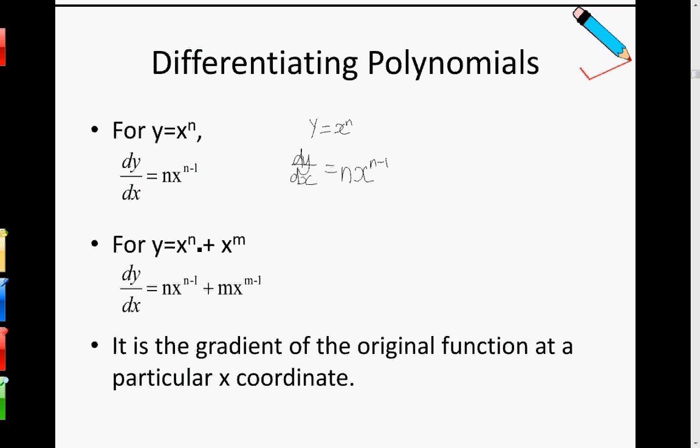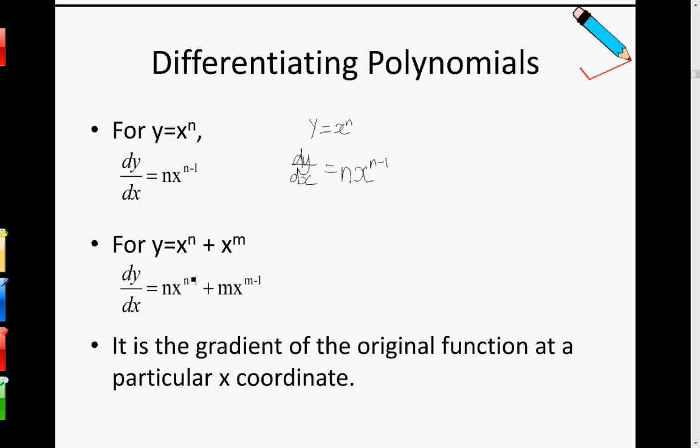Okay, same goes for, let's say, if I have a whole long chain of polynomials that are added together. Then you just have to do the same for the individual terms. For example, let's say y equals x to the power of n plus x to the power of m.